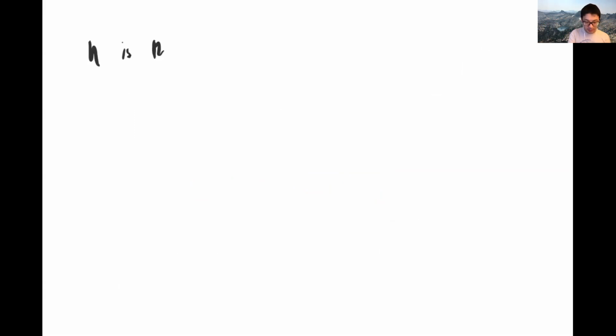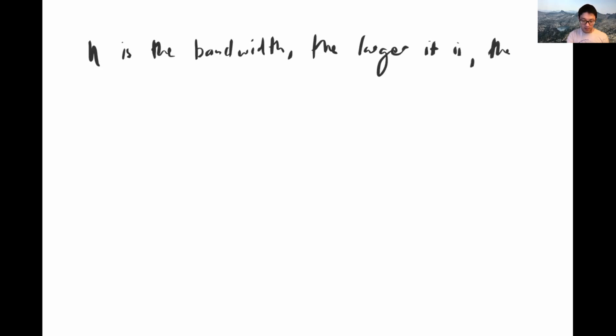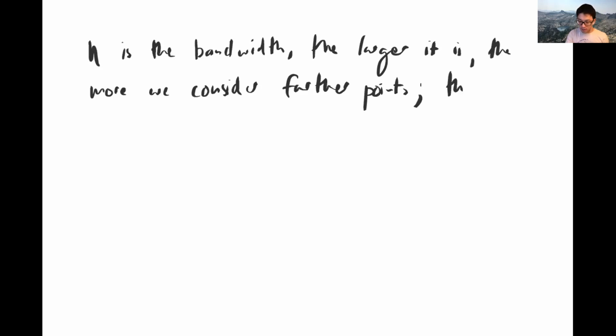So h is the bandwidth. The larger it is, the more we consider farther points. The smaller it is, the more we consider local points.